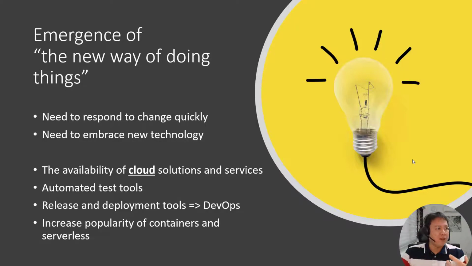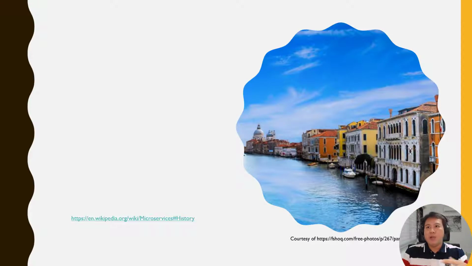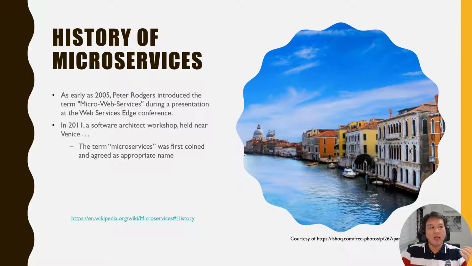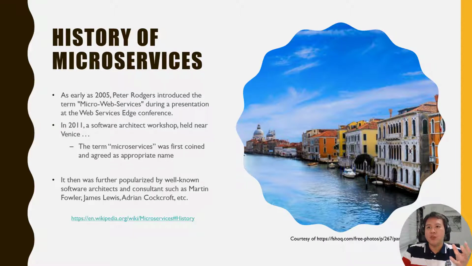It was then in 2005 that Peter Rodgers used the term micro web service in one of the conferences. And a couple of years later, in 2011, in a software architect workshop held near Venice, the term microservice was first coined and agreed to be used as an appropriate name.